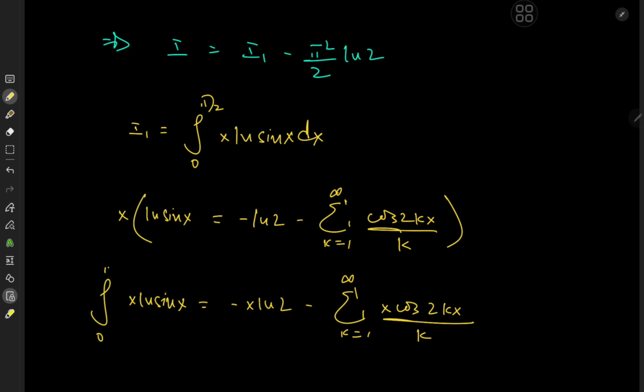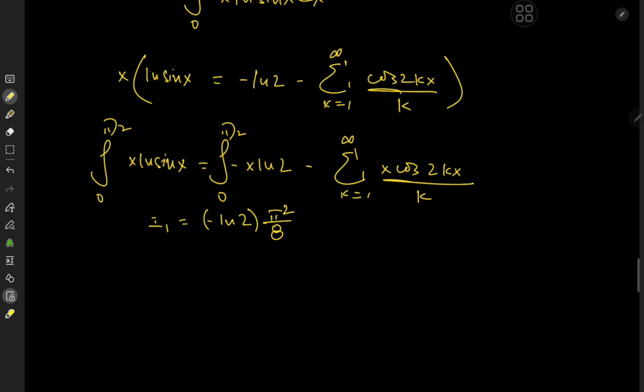And I'll integrate with respect to x from 0 to pi over 2. So that gives me I sub 1 on the left-hand side, which is exactly what I was looking for. And on the right, I have negative log 2 times x squared over 2, which with these limits should yield pi squared over 8.